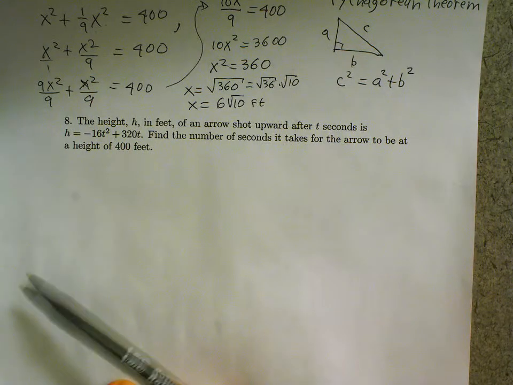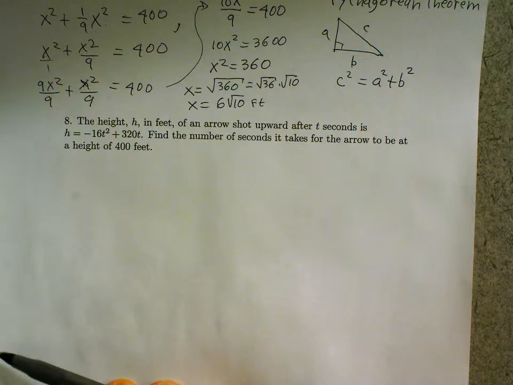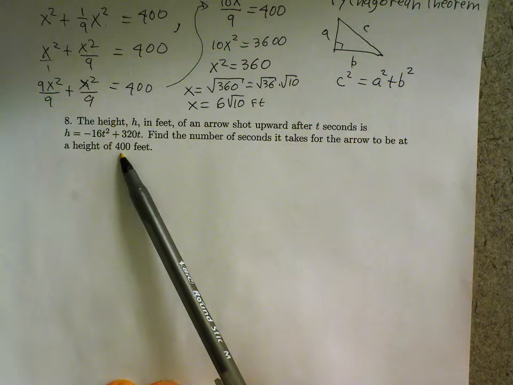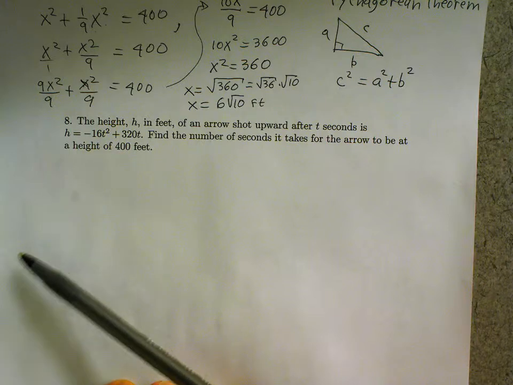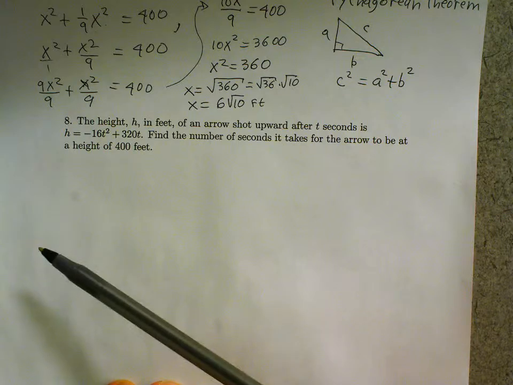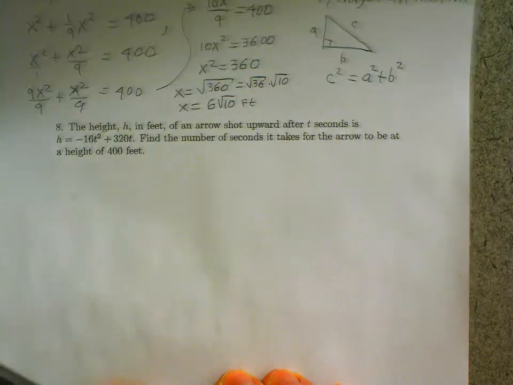So if the arrow is shot high enough, then there will be 2 different times when the arrow is 400 feet above the ground. Once on the way up and a second time on the way down. See what I mean?